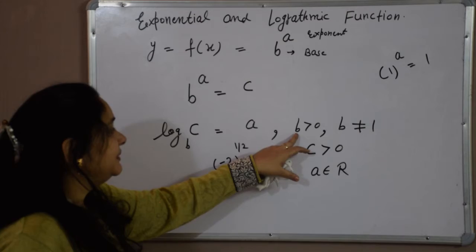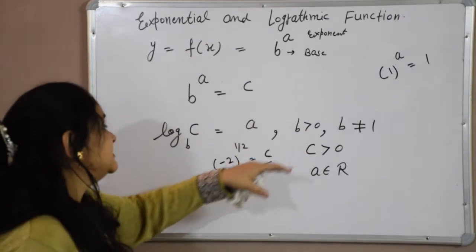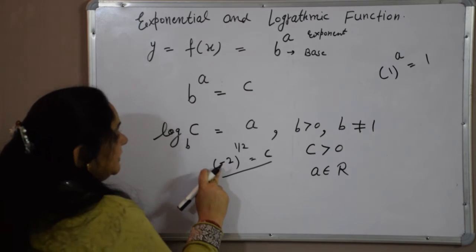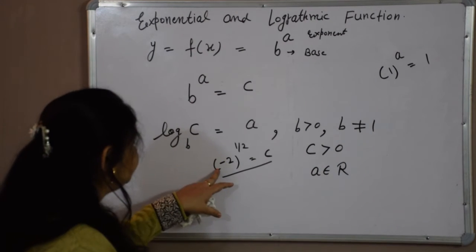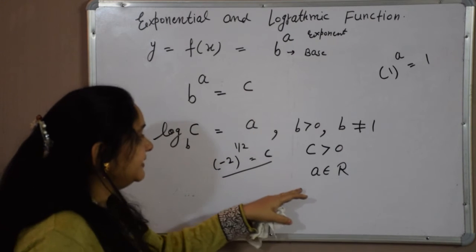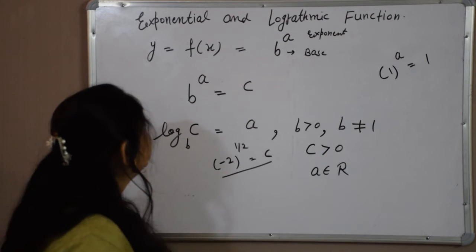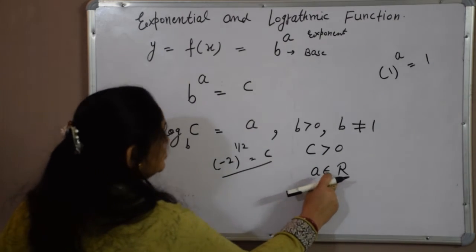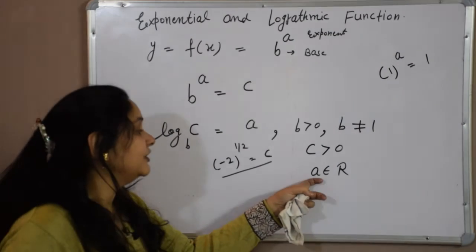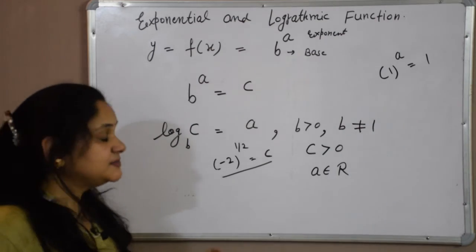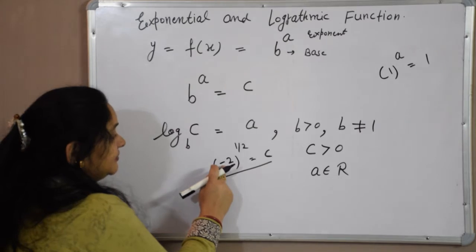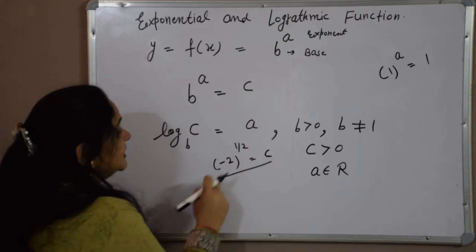Now see, it is given that b should be greater than 0, but suppose I do not take b greater than 0 and take b negative, say b as minus 2. If b is minus 2 and we have to find c, and it is given that c should be greater than 0, and a belongs to R, meaning a can take any value, suppose I take minus 2 raised to power half. Is it possible?